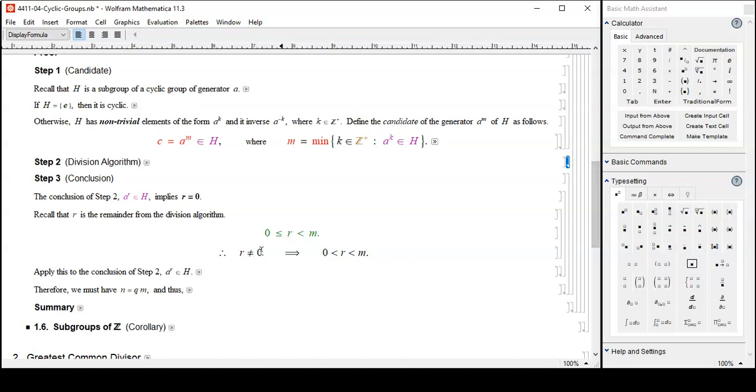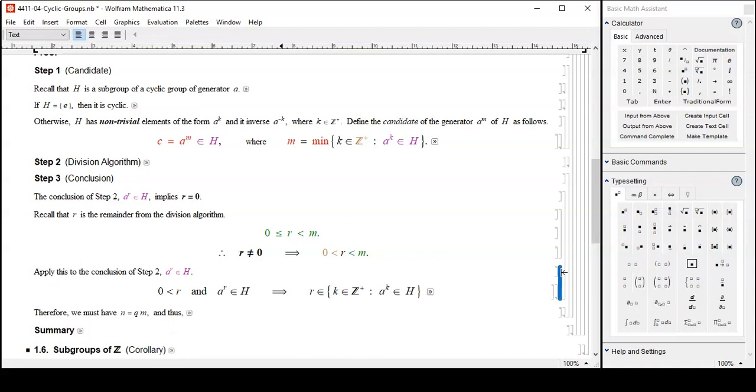Therefore, if I assume r is non-zero, then r has to be strictly greater than 0. And of course, it remains less than m from the previous condition. Does it help? Well, if I apply this to the conclusion of step 2, which I just highlighted in purple, we get a contradiction. R is greater than 0.